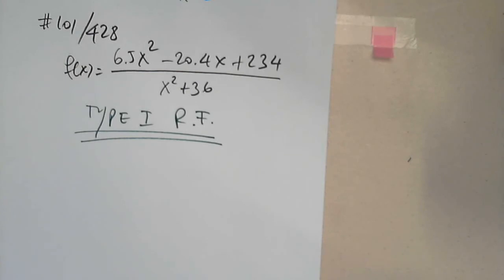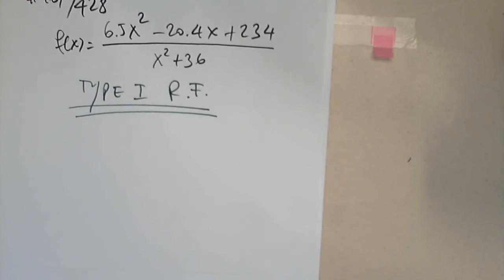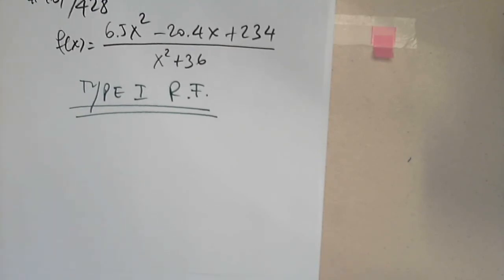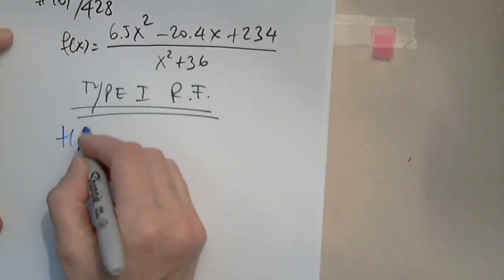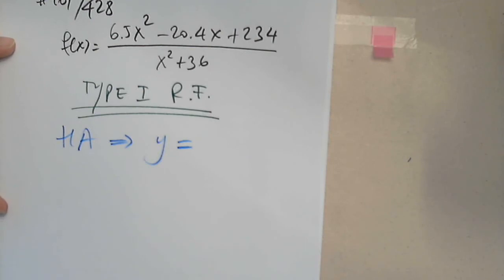Okay, what do we know about type 1? It has a specific characteristic. Same degree in both the numerator and denominator. Very good. Which means that the horizontal asymptote will be the ratio of leading coefficients.